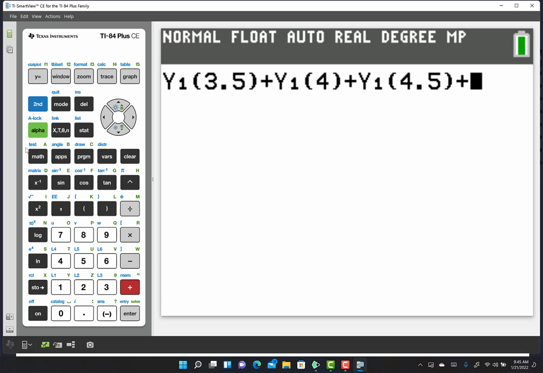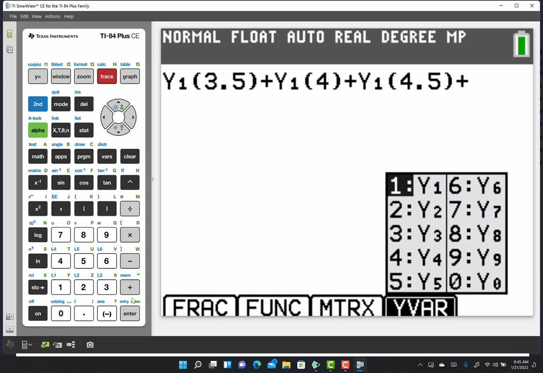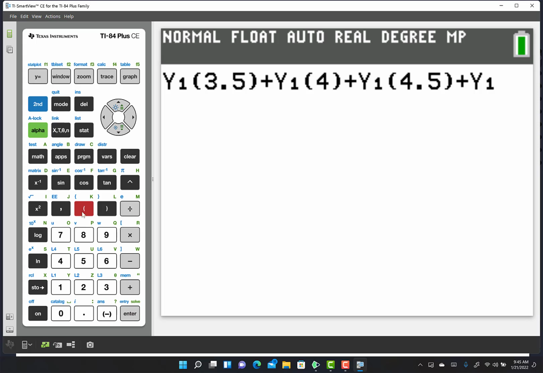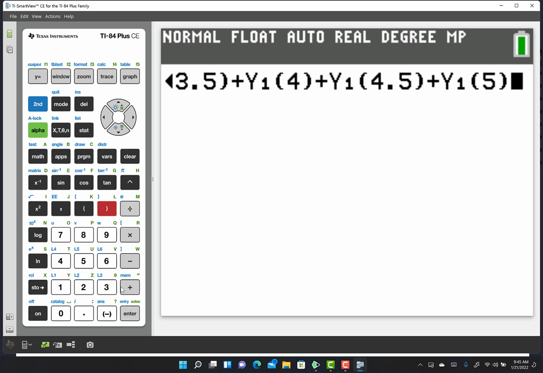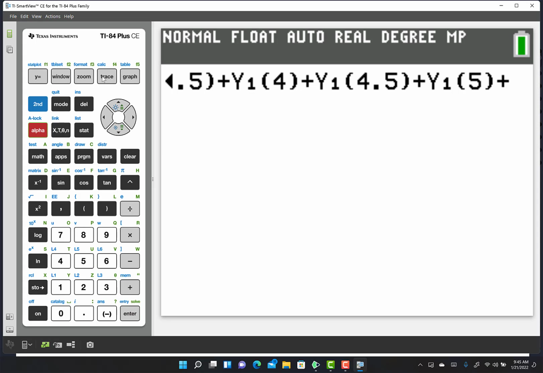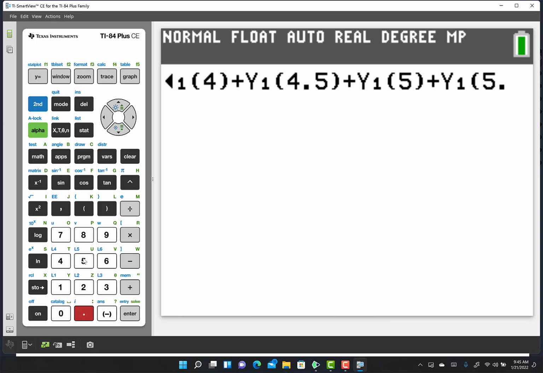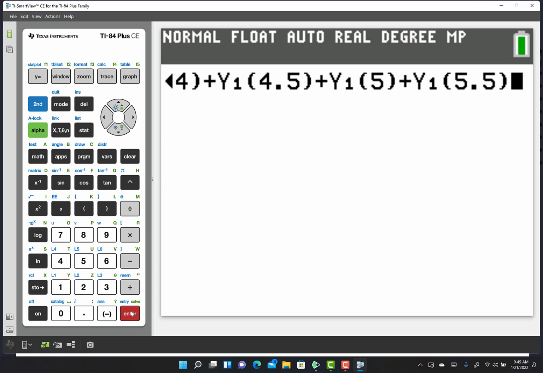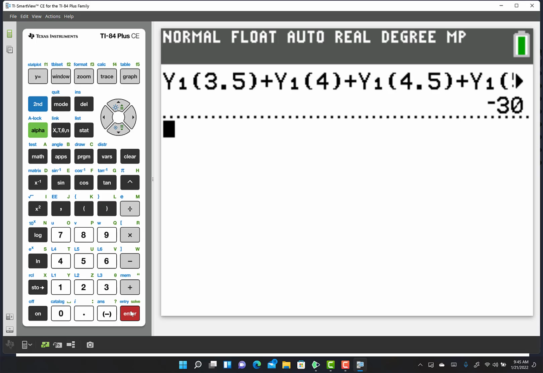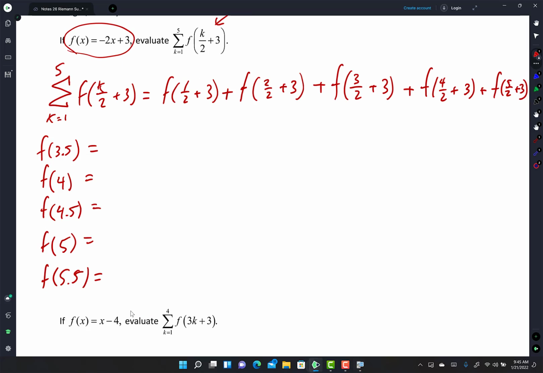All the way to 5.5, right? Hopefully I didn't make any mistakes. I am getting negative 30. All right. So all that is nothing more than negative 30.